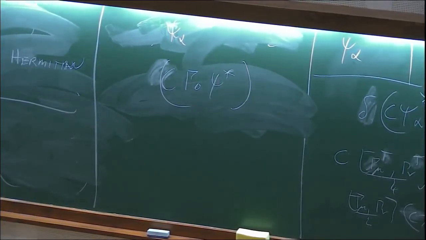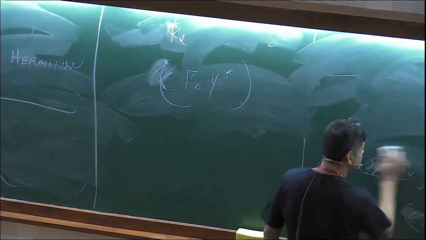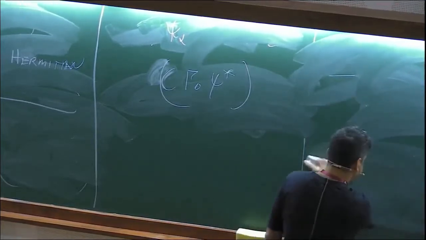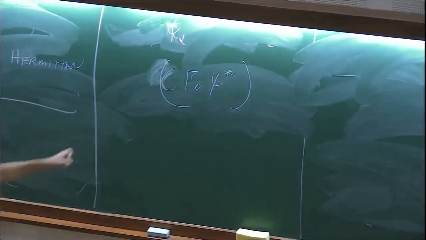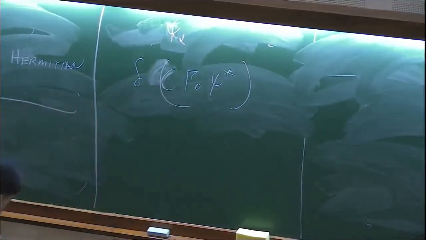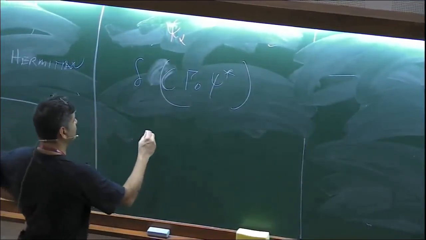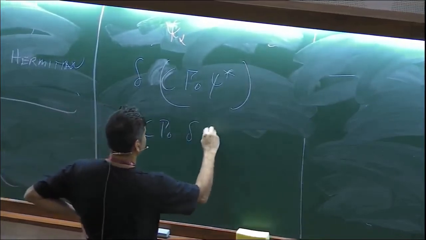Okay, let's check this. In order to check this, all we have to do is to see how this guy transforms. So we want to compute delta of this. Okay, so that's the same as computing C gamma 0 times delta of psi star.